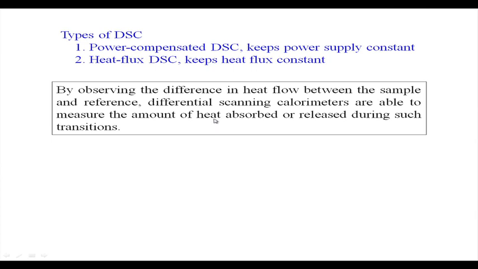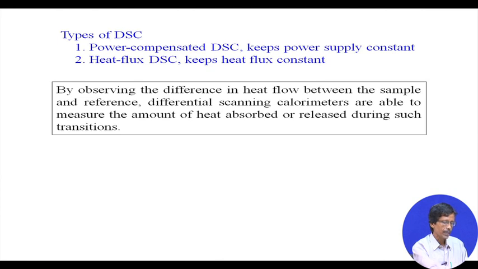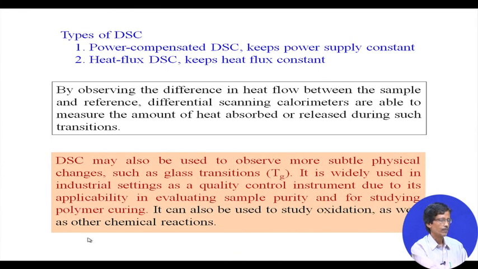So, again we are coming back to the same question, whether we have an exothermic process or an endothermic process, and the position on the chart paper will indicate the temperature of a particular type of transition. Transition can be endothermic or exothermic, but we should be able to locate the temperature where the process is taking place, and if it takes place in constant power supply mode, we will find the amount of heat being supplied to these two things.